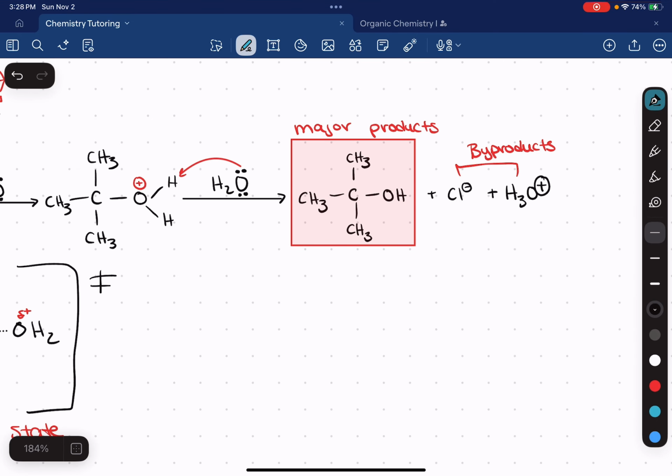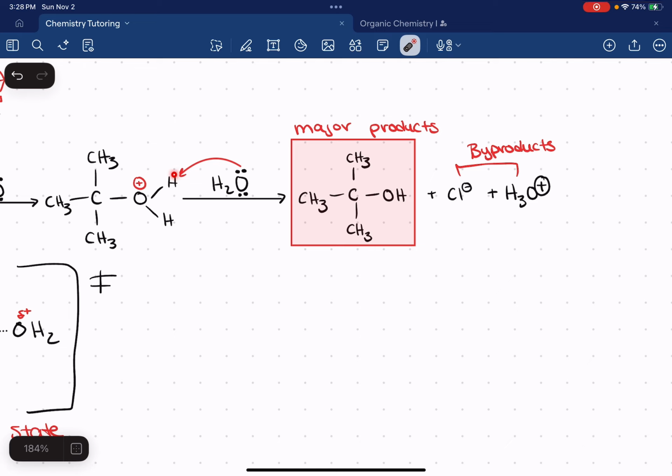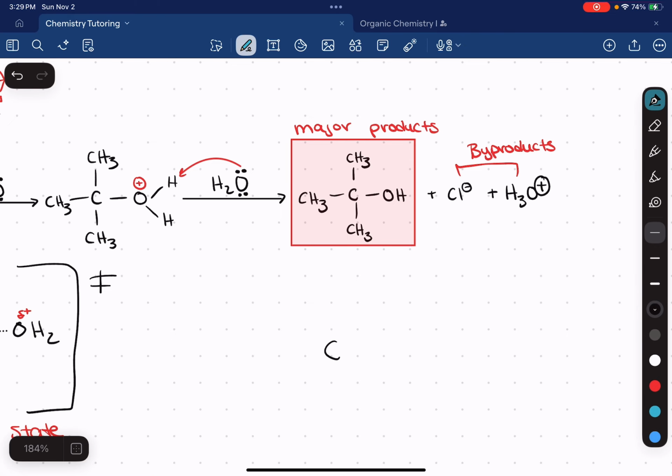So what happens in this step? What's going on is this hydrogen is being yanked off, right? So this used to have two full bonds, and then one of them left, and we're only left with just one hydrogen. So when we look at that, we'll do our carbon and our methyls.